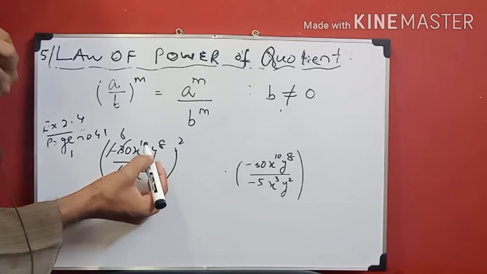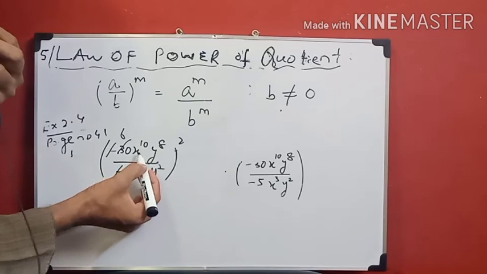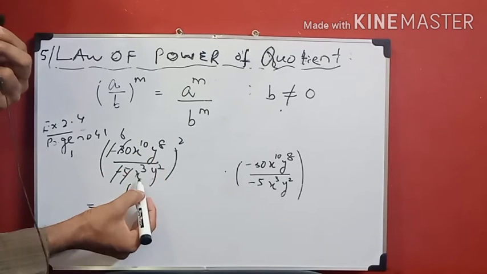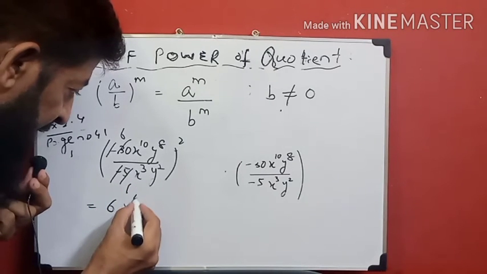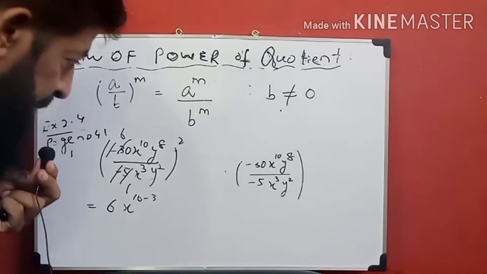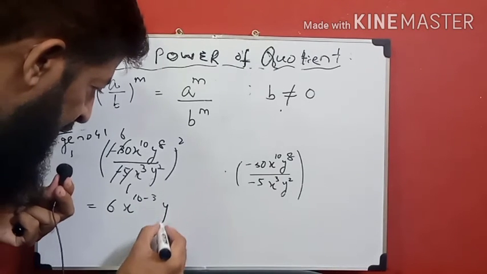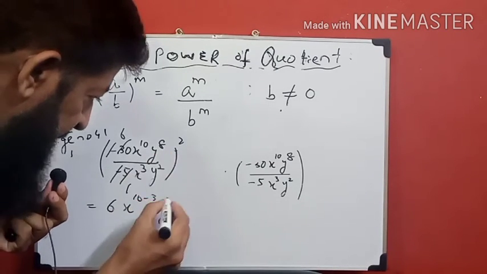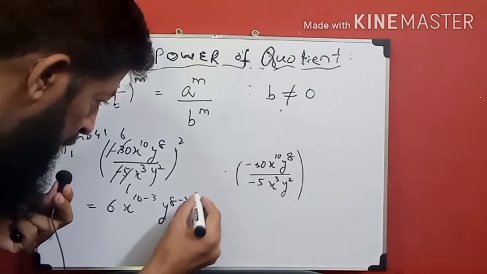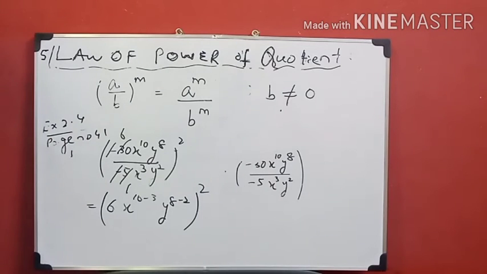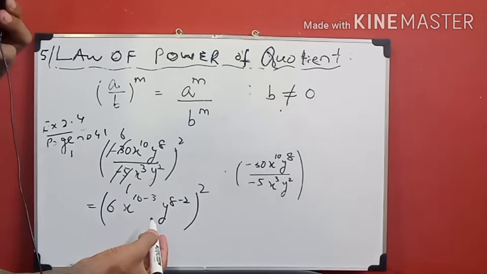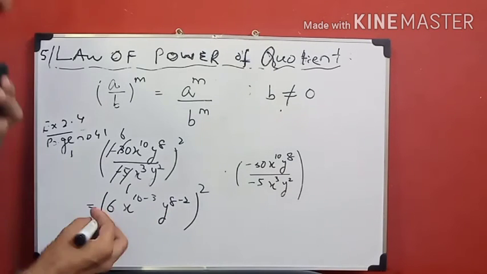Now the law of power of quotients: x raised to power 10, and in the denominator x raised to power 3. So we write x raised to power 10 minus 3. Similarly, y raised to power 8 minus 2, whole raised to power 2. That means each and every term has the power 2.